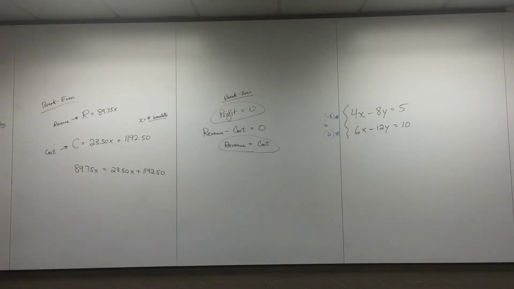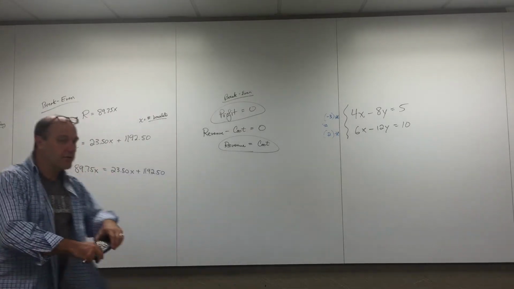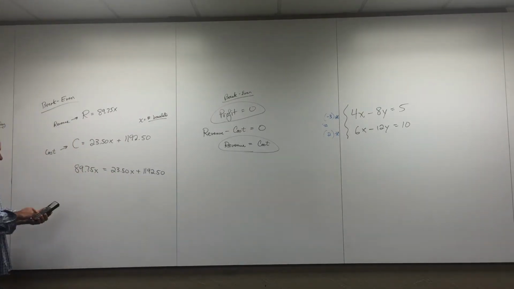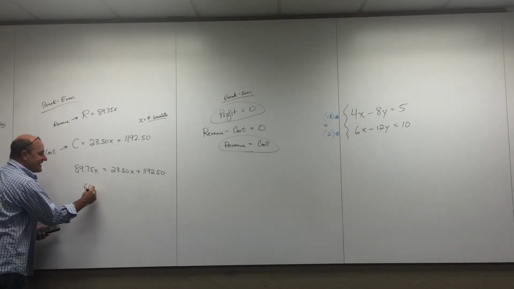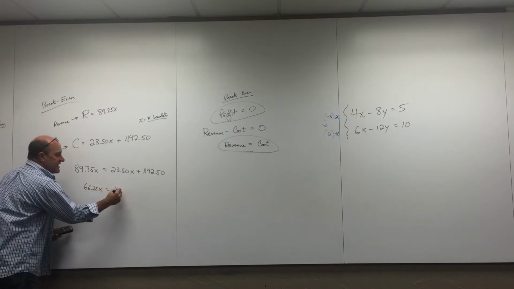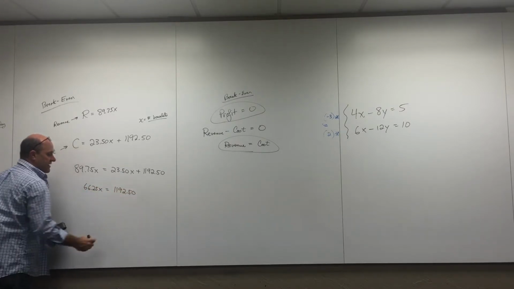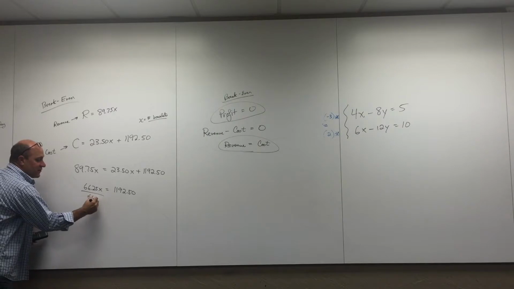There's nothing to it. You subtract, you divide, you do a little bit of algebra. I'm going to subtract this over here. 89.75 minus that 2350 is 66.25x. Equals this 1192.50. I would divide by 66.25.